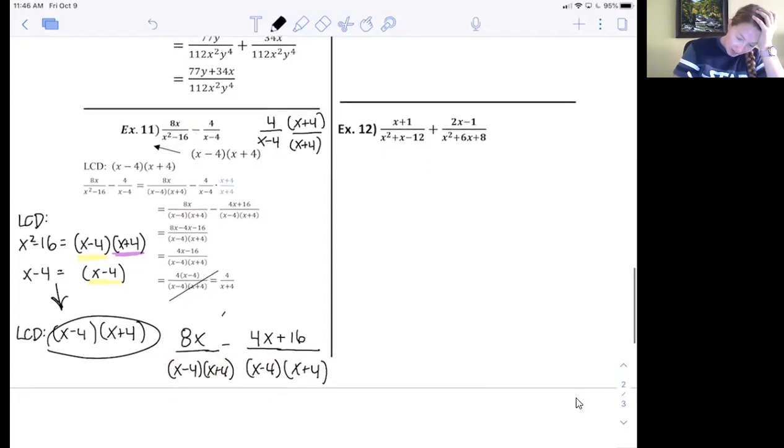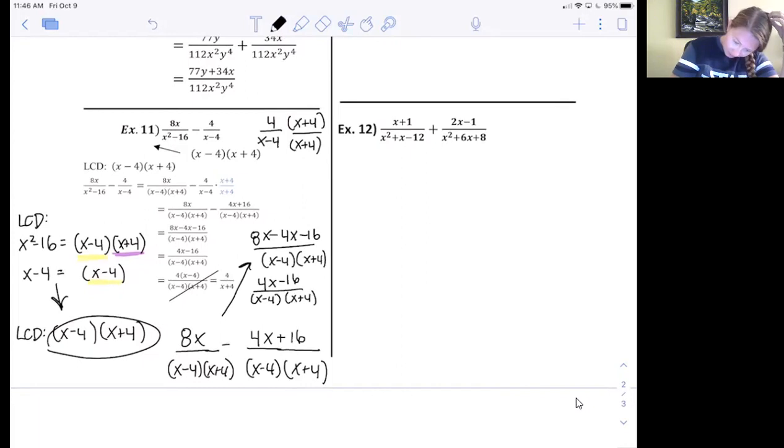So now I can rewrite this as 8x minus 4x minus 16 over this x minus 4, x plus 4. 8x minus 4x gives me 4x minus 16, over x minus 4, x plus 4.